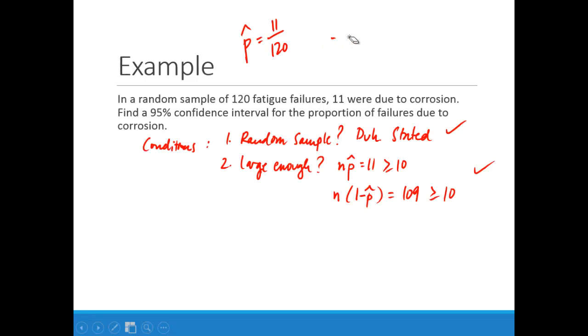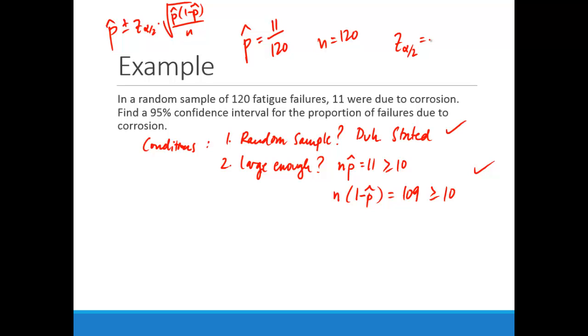Okay, let me leave that up here. Again, my formula is p hat plus or minus z sub alpha over 2 times the square root of p hat times 1 minus p hat over n. So I actually only need one more thing here, and that's z sub alpha over 2.